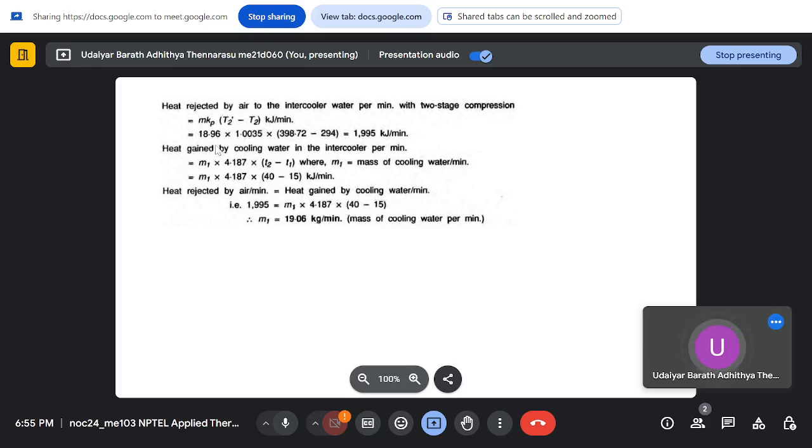Substituting, your heat rejected is 1.1995 kilojoule per minute. The heat gained by the cooling water in the intercooler is m dot Cp delta T, which will be equal to the heat rejected in the intercooler. Substituting that, you can find the mass of water required. It comes out to be 19.06 kg per minute.